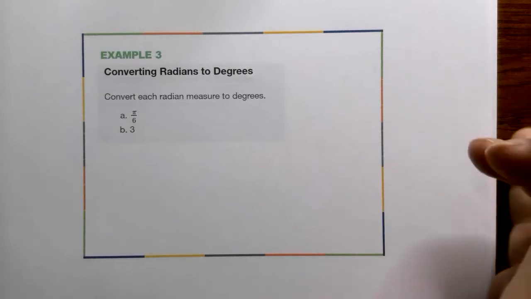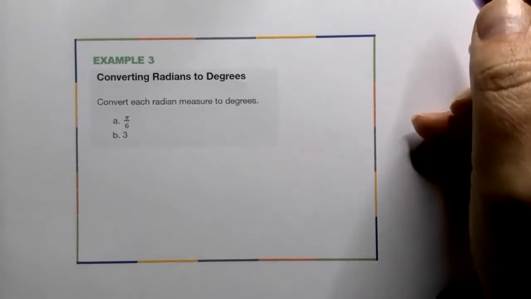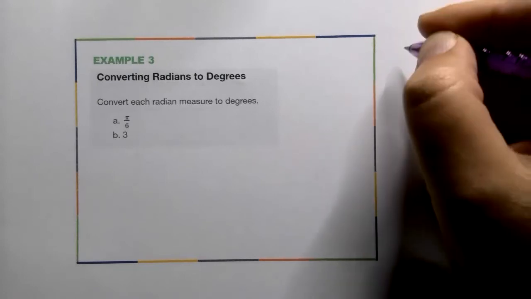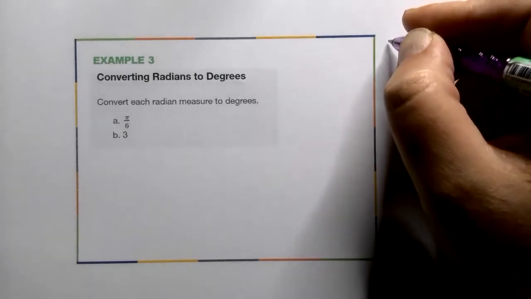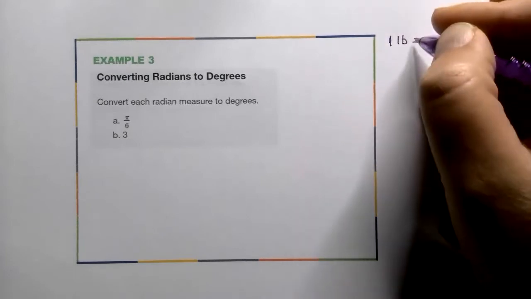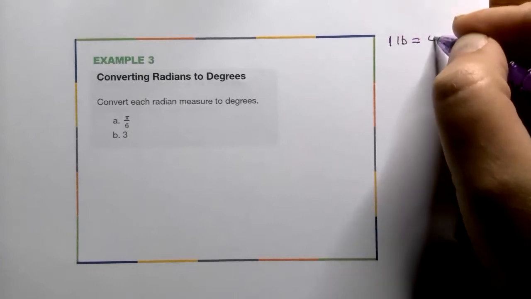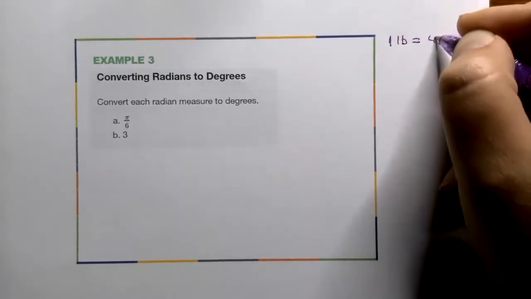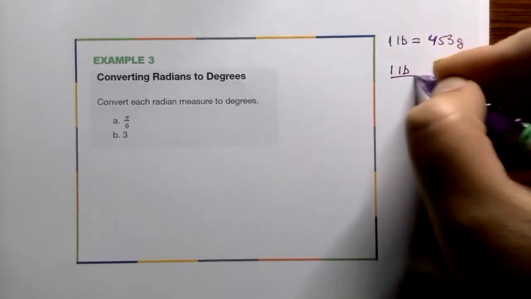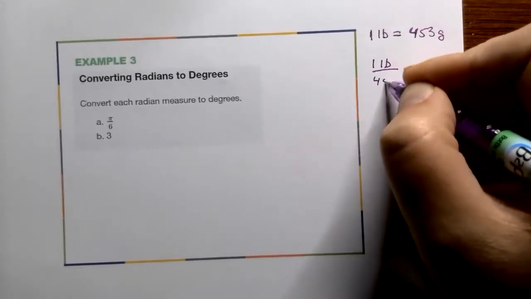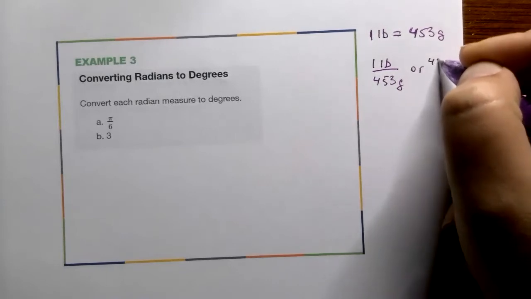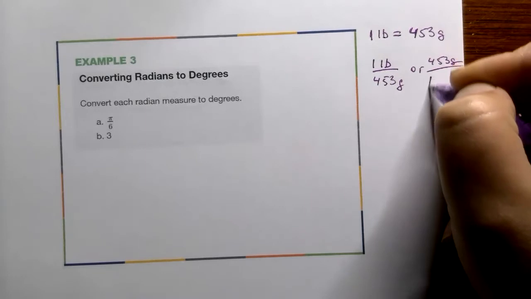So for example, if you know that 1 pound equals 453 grams, then your unity fractions would be either 1 pound divided by 453 grams, or 453 grams divided by 1 pound.